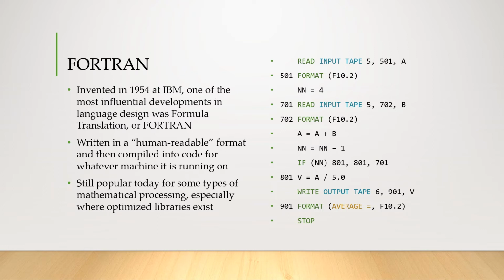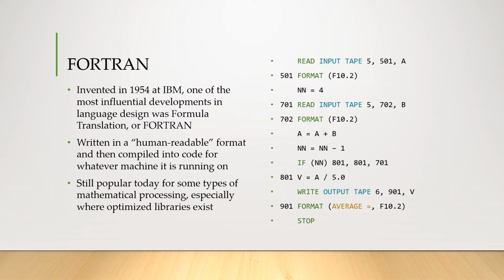It could have instead written to a printer and just printed out a line of output, but there were no computer screens at this time to look at your output on either. So we read from the input tape our number A. We set our counter to 4. We read from the input tape number B.